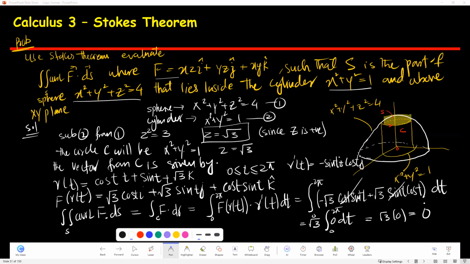So really nothing is going into this system, and the reason could be that this curve is closed, so there's no room for some quantity going into the system, right?